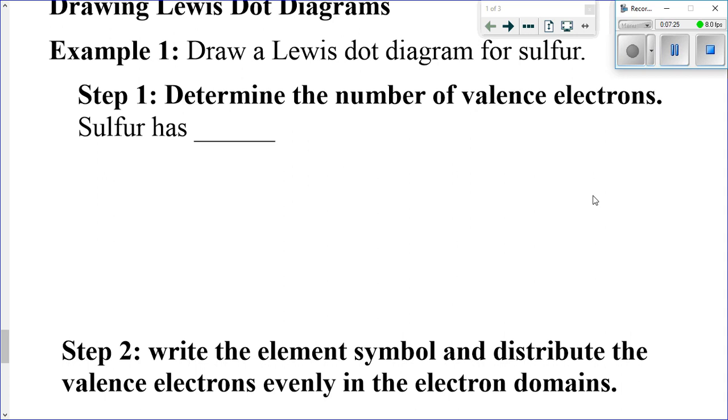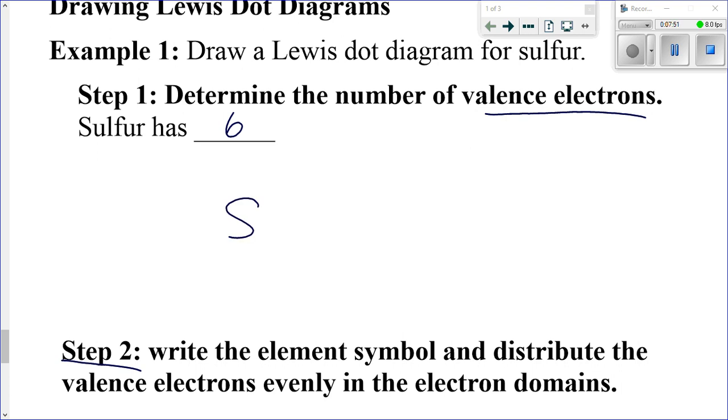So to recap, when you are drawing a Lewis dot diagram for an atom, you're first going to determine the number of valence electrons. Sulfur is in group 16, therefore it has 6 valence electrons. Step 2 says that we write the element symbol and then distribute the valence electrons evenly in the electron domains.